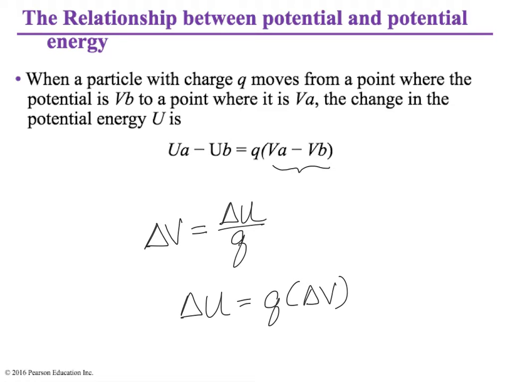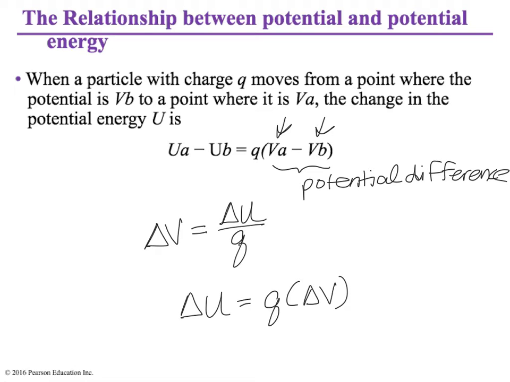So this is the potential difference right here, because we're saying, what if I went from a location in the electric field where the potential was V sub B, and then I moved to a new location where the potential was V sub A. So keep in mind that in this case A is my final destination.